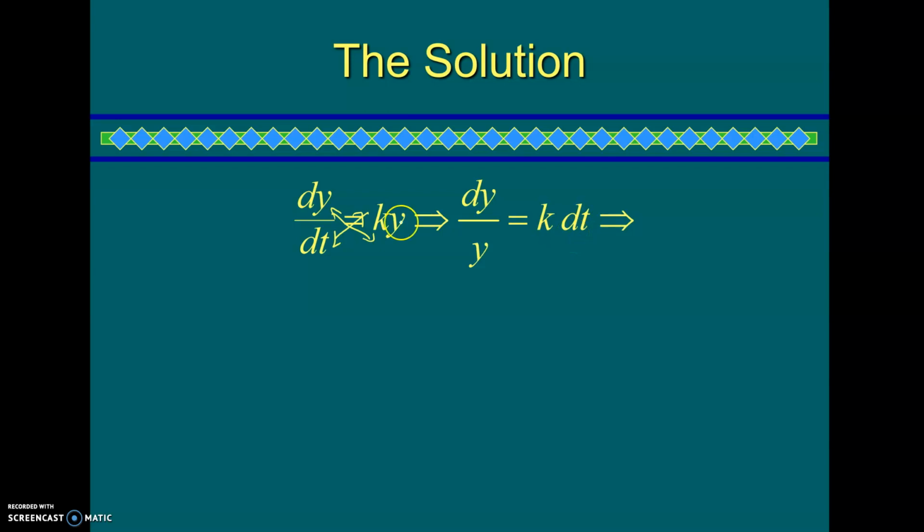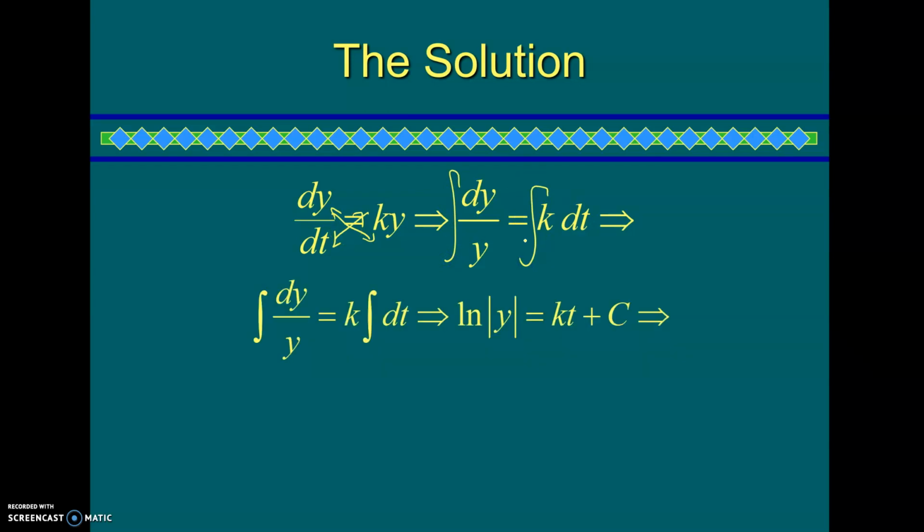And then what I'm not showing is I divided the y to the other side. If you integrate this, the integral of 1 over y is the ln of the absolute value of y, and over here I have k times t plus c. We only put the constant on one side.